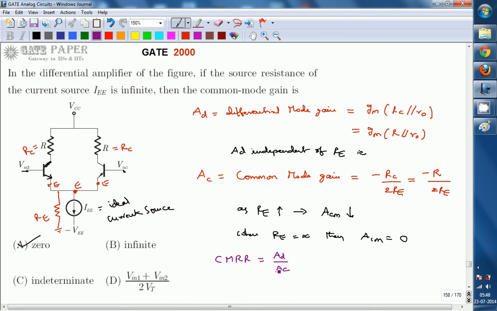If RE increases, AC reduces, because we know the common mode gain reduces. By that time CMRR increases, but AD doesn't change. Remember that, AD doesn't change. So the common mode rejection ratio increases if RE increases, because AC is reducing. The right option for this question is 0.